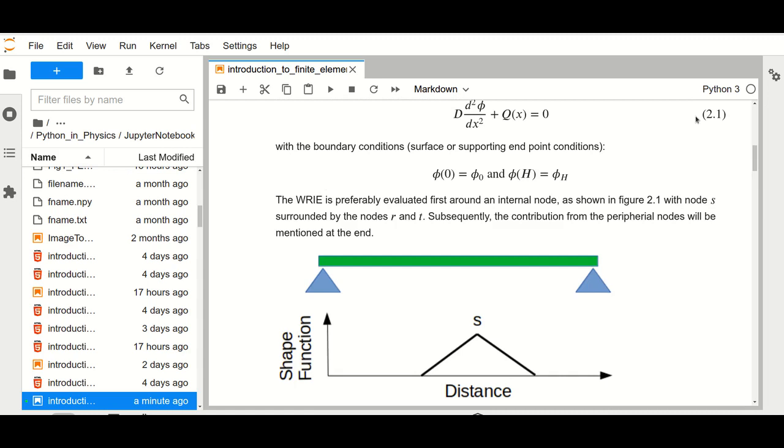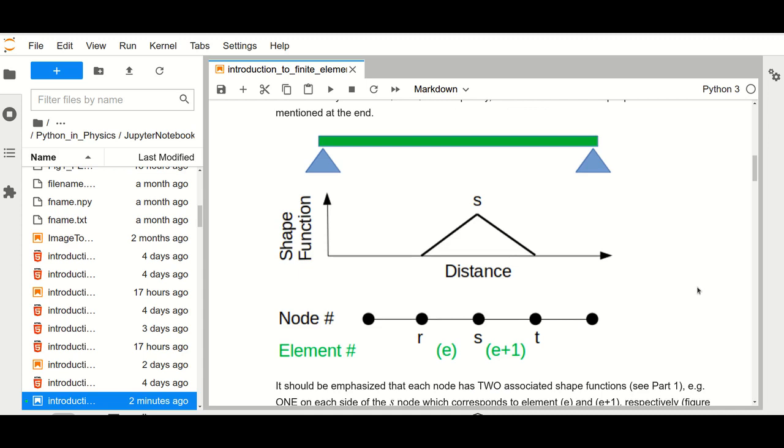This partial differential equation also has a boundary condition, that the bending, which is represented by phi, at position 0 and h is 0, and in this case it is phi 0 and phi h, and these are 0.